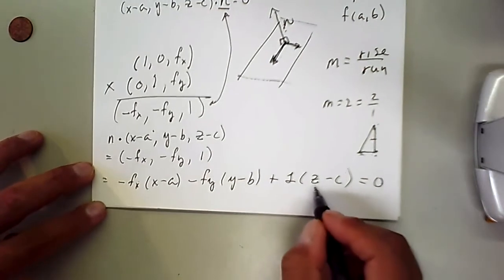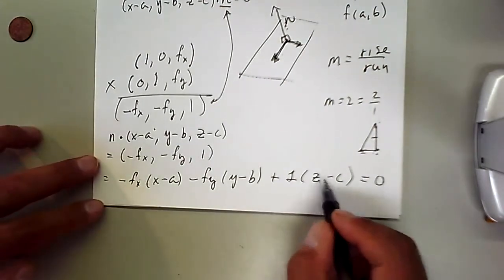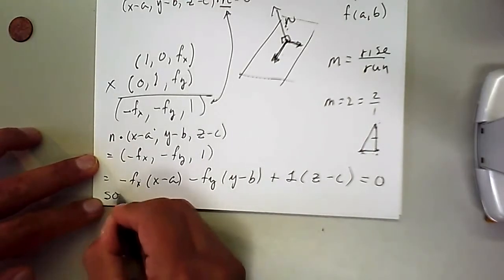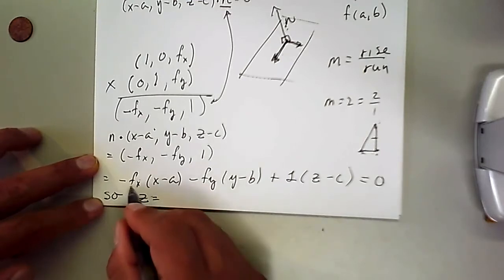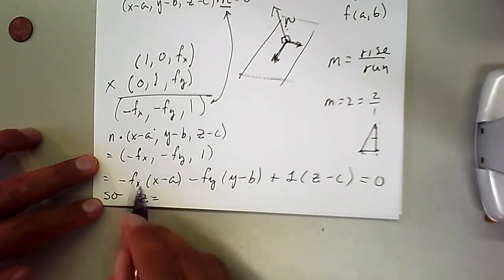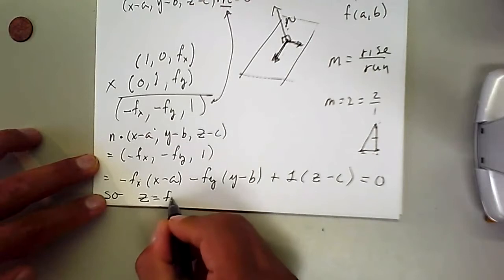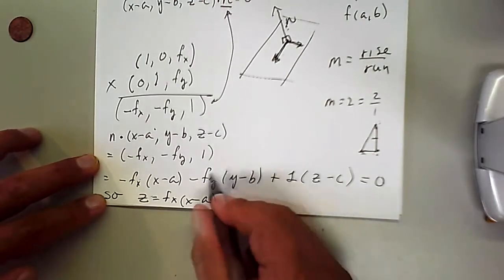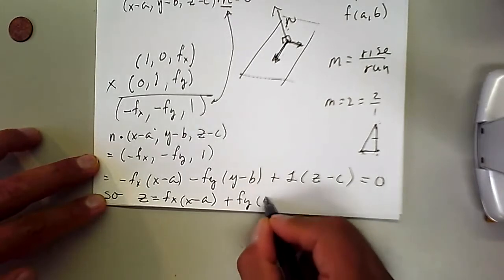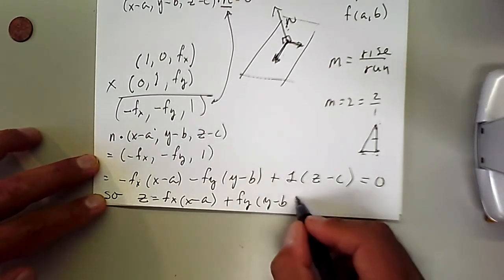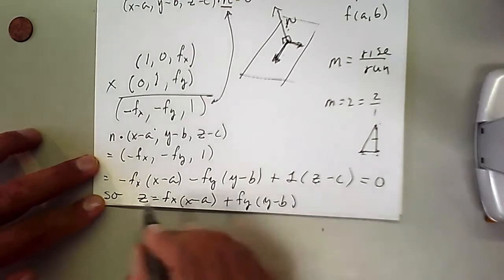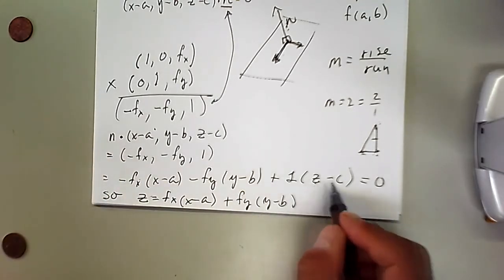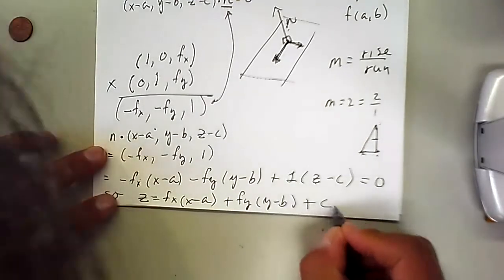So if we solve this equation for z, and we move everything to the other side of the equation, z would be, this term goes to the right as positive, f sub x, x minus a. So that's this one, f sub y, y minus b. z stays where it is on the left side of the equation, and c moves to the right, plus c.